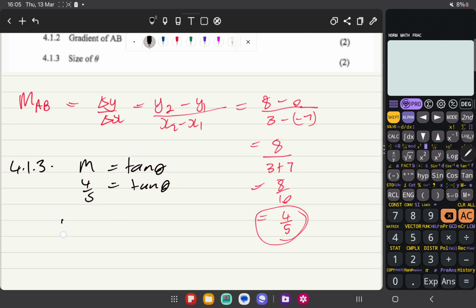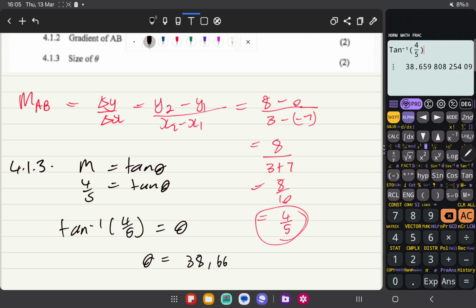Then I do that thing, I have to find what this is called. I don't want to use the word transpose, but yeah. Then theta is equal to shift tan of 4/5. I have my theta as 38.66, since I wasn't told to round.